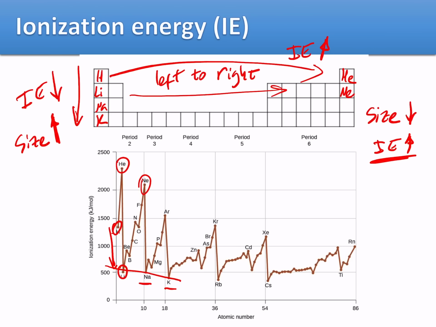That's what you observe here. Generally, in any given period, the ionization energy increases. But if you move down the group, and you see that in the halogen group as well, the ionization energy will decrease.